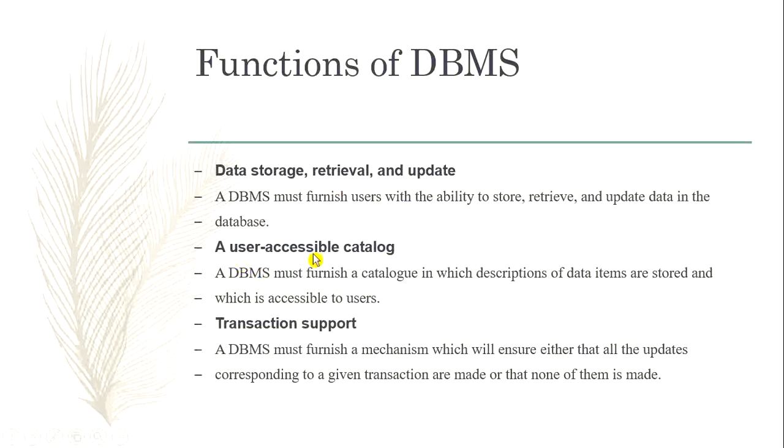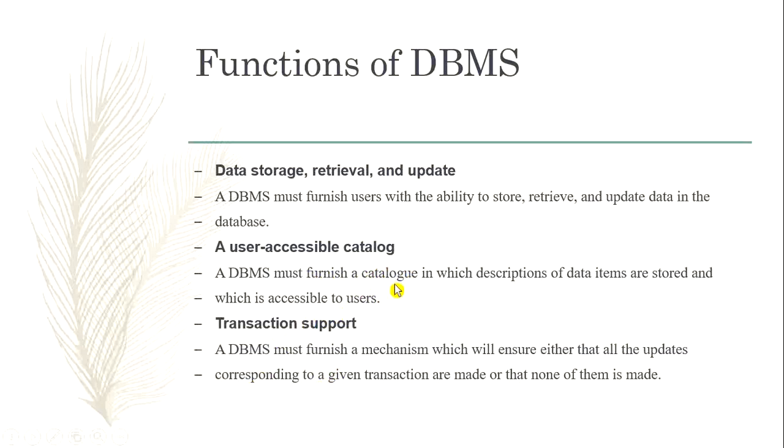Next is a user accessible catalog. A DBMS must furnish a catalog in which descriptions of data items are stored and which is accessible to users. So a catalog is very important for any system. A system catalog contains information about the data that is present in our database.